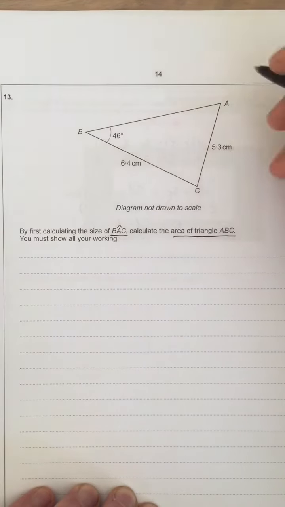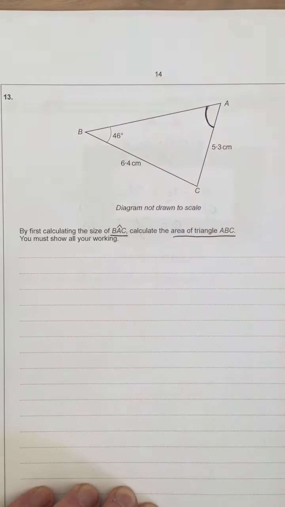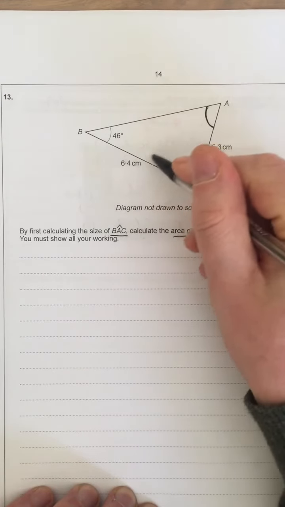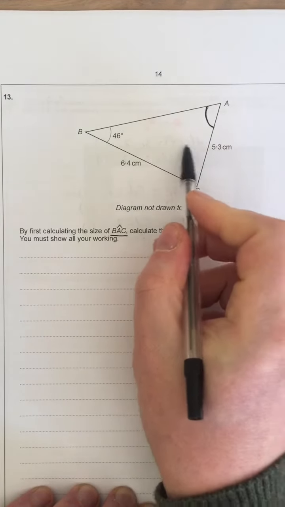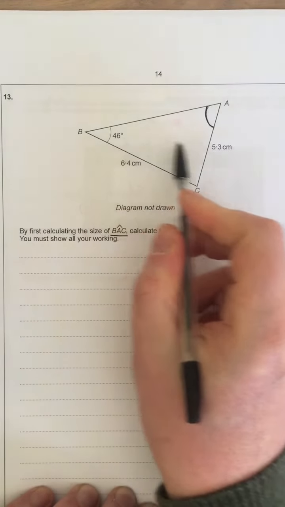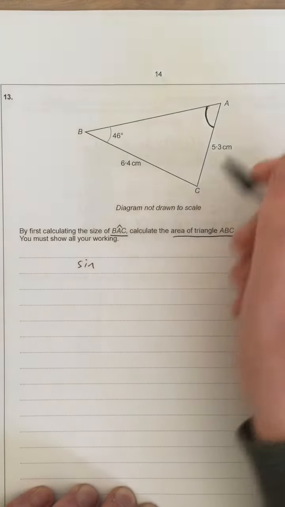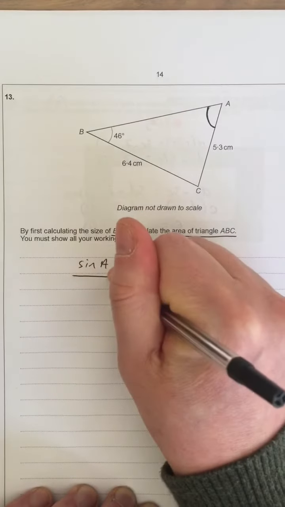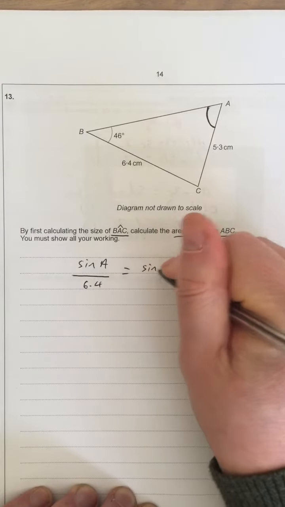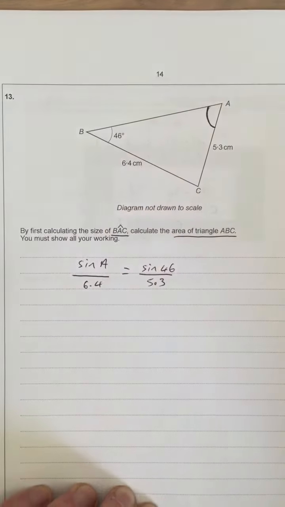So let's start with BAC. So B to A to C, this is the angle we're talking about here. Okay, now this is opposite the 6.4, which is useful for us, and this 5.3 is opposite the 46. So because we've got a matching pair of side and angle, we're going to use the sine rule. So sine of A over 6.4 is equal to sine 46 over 5.3.